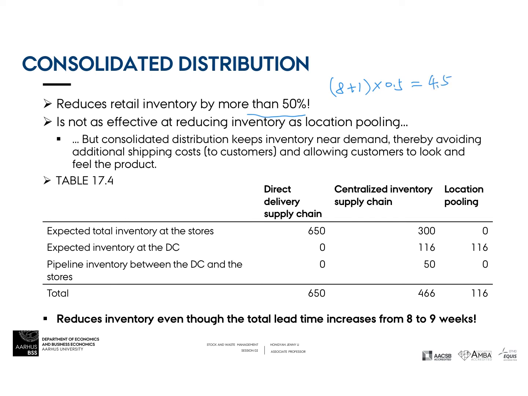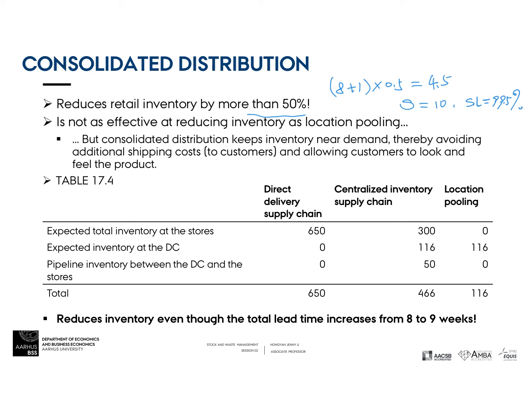And then from the Poisson distribution table, you can find that when the mean is 4.5, your order up to level S should be 10 units, in order to get a service level of 99.5%. So that's the initial requirement.